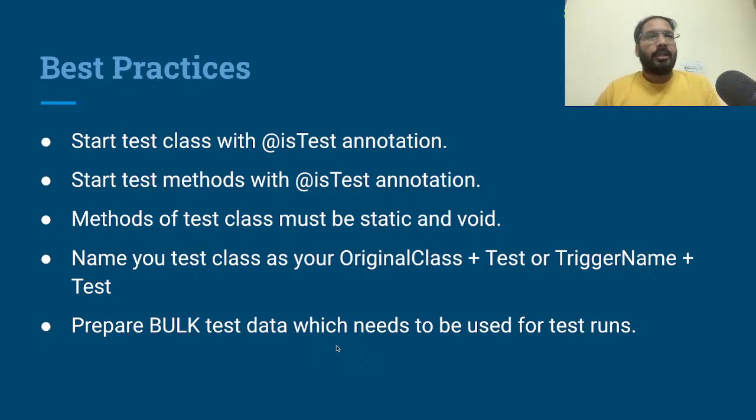Whenever you write any test class, you should implement it with bulk data, as in the examples I showed you. If you create data in bulk, you are testing all the processes for single records and bulk records. If those processes work fine for bulk records, it means you have implemented them properly.